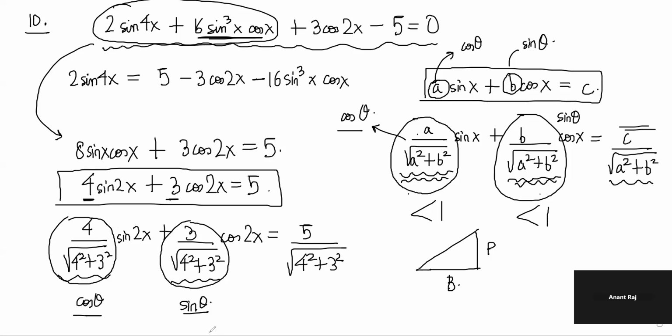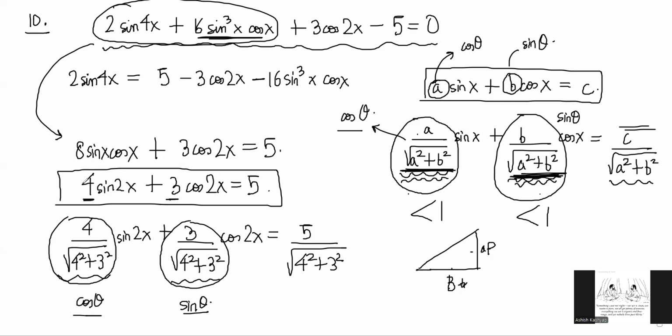Yes, sir. That's why we are dividing by this and not some other random number. We are making A and B the sides of a right angle triangle. We are dividing by the hypotenuse, right? Yes, sir. Which makes it sin theta and cos theta.